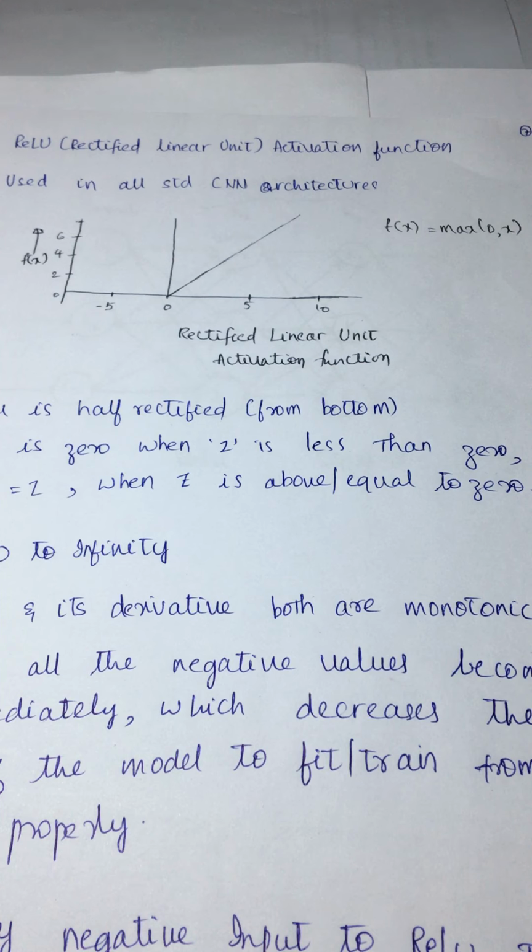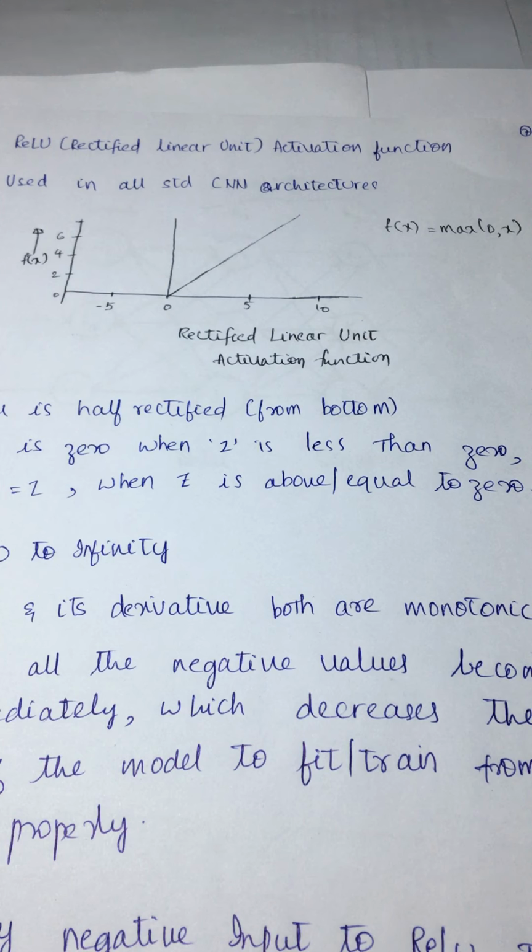Again, from the graph you can see that the function is monotonic, similar to your sigmoid as well as tan h, but one major difference is that over here your derivative is also monotonic. So Relu is used commonly, at least in a few hidden layers.